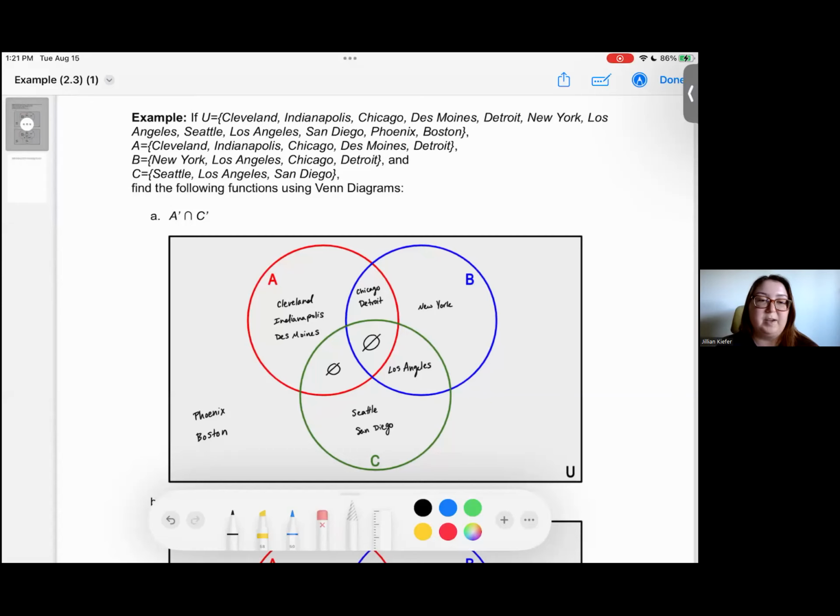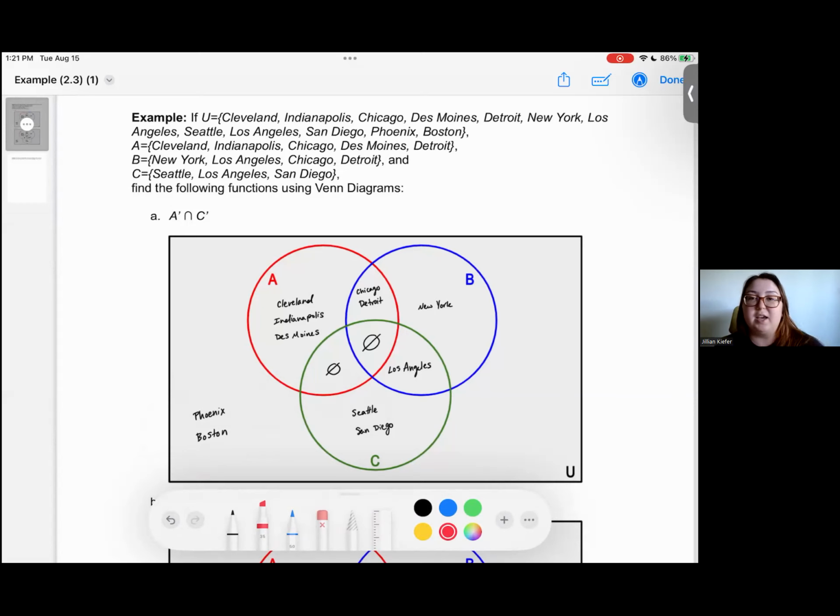So what we have here is A complement intersect C complement. So what we're going to do is some shading. So let's go ahead, get out our highlighter here. And we're going to shade in A complement.